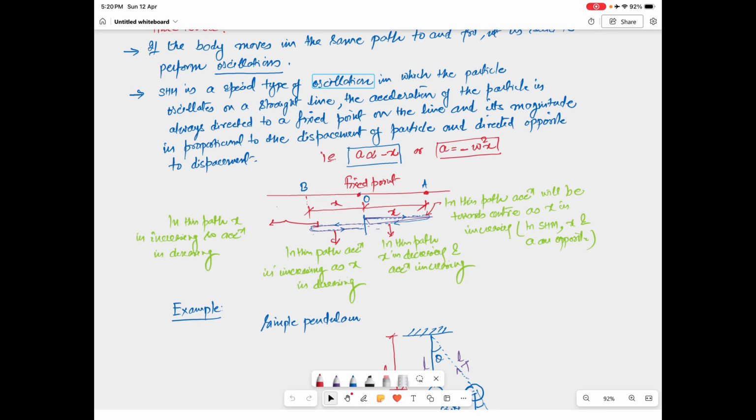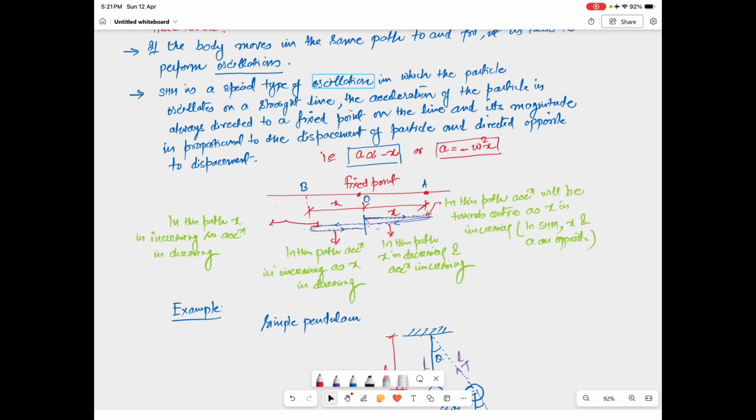In the second case, x is decreasing because the displacement is decreasing, so the acceleration is directed towards the center. In the third case, when it is traveling from O to B, x is again increasing, and as x is increasing, acceleration will be directed opposite to the displacement, so it will be towards the center.